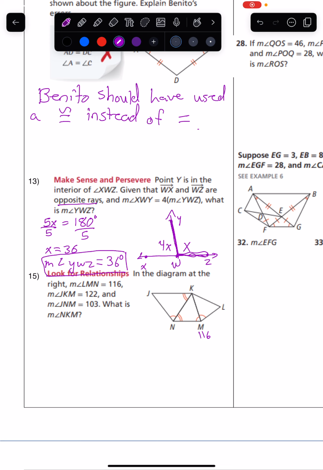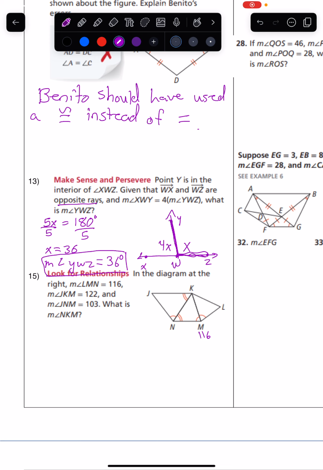And I also see another angle on this diagram with one arc, which means that's another congruent angle with a measure of 58 degrees. Then we know that the measure of JKM equals 122 degrees, so that's going to be JKM right there. That's 122 degrees.